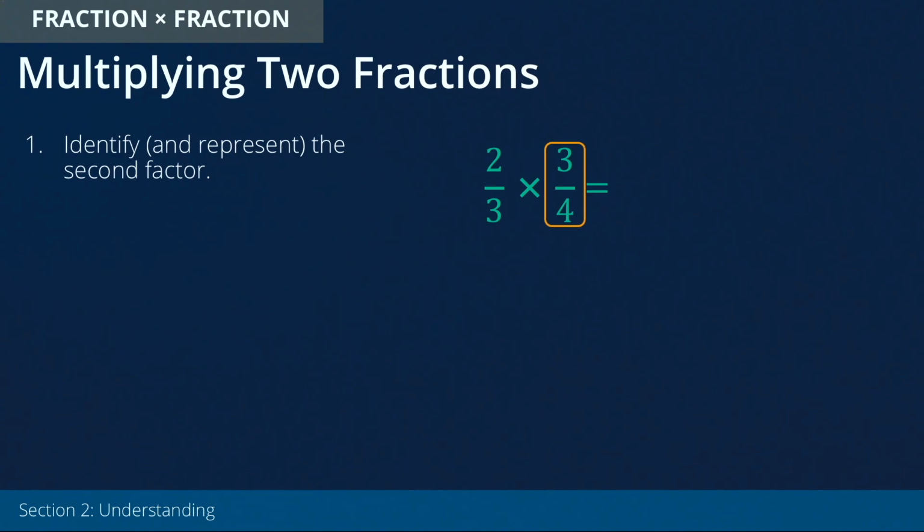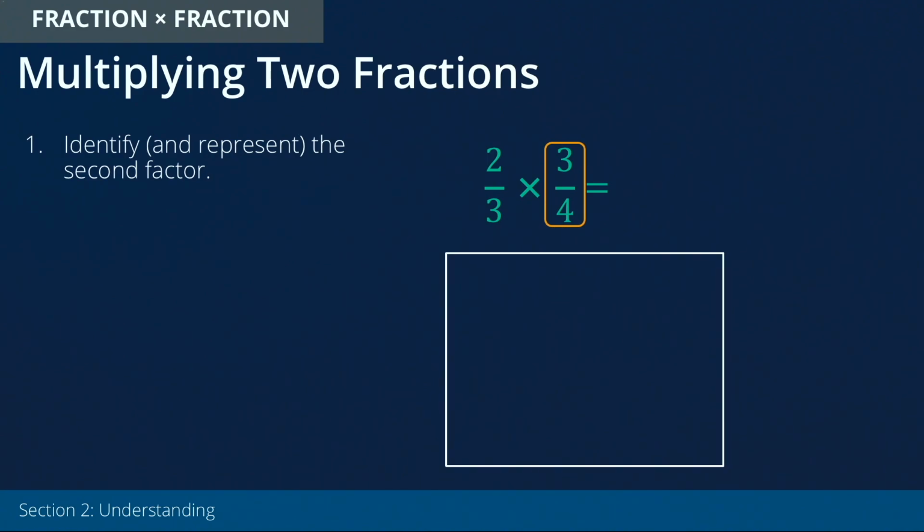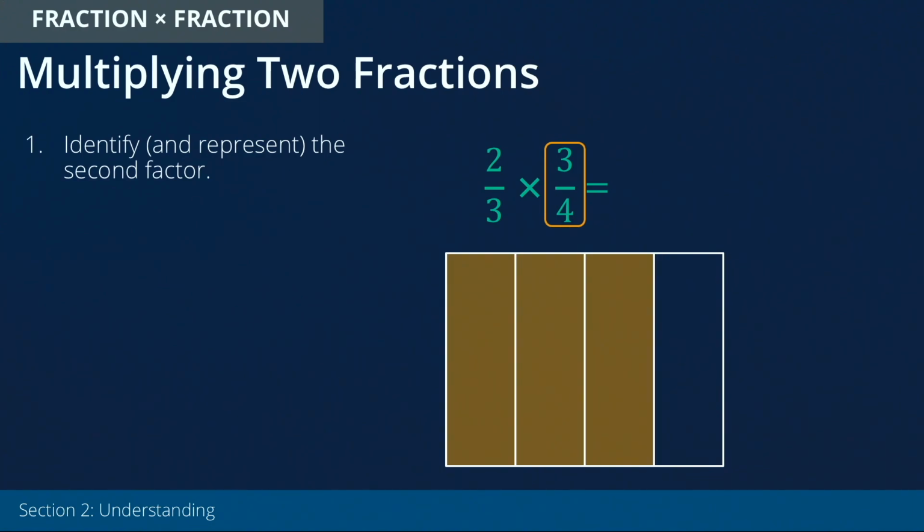Here the second factor is 3/4, so I'm going to show 3/4 within this area, or array, as 1, 2, 3 of those 4 equal parts. So they're shaded in yellow, and I want you to focus on those 3/4 parts that are yellow. Then I'm going to identify the first factor. In this example, it's 2/3. And if I'm doing this method, I'm also going to show 2/3.